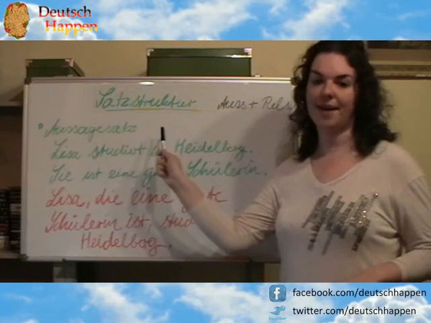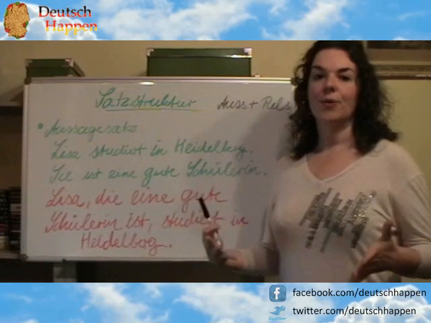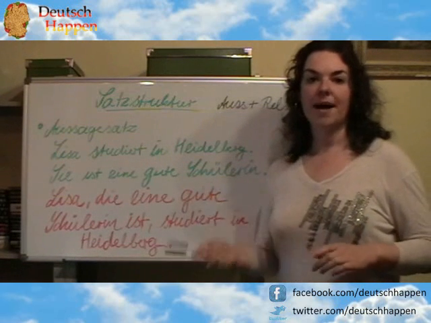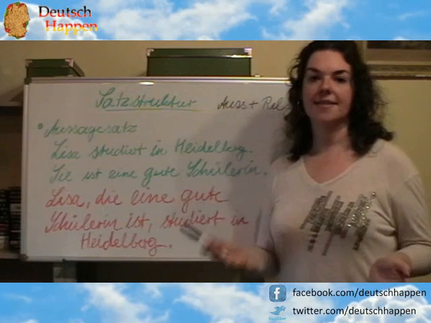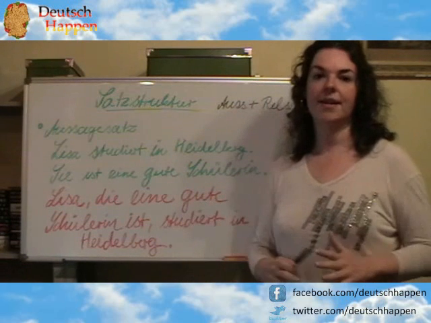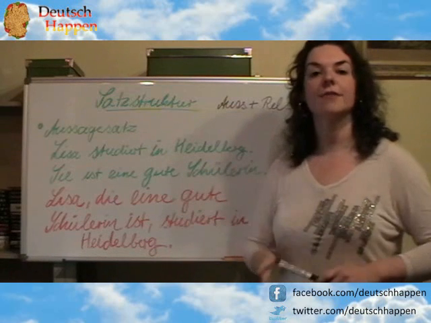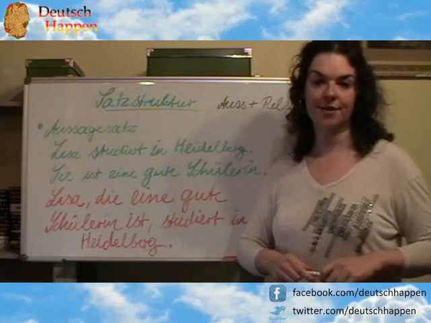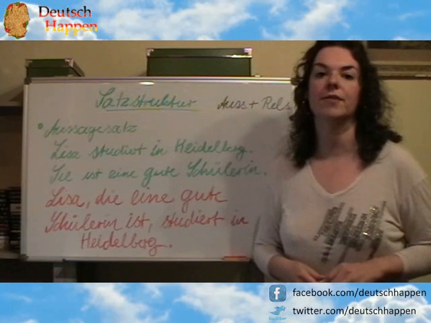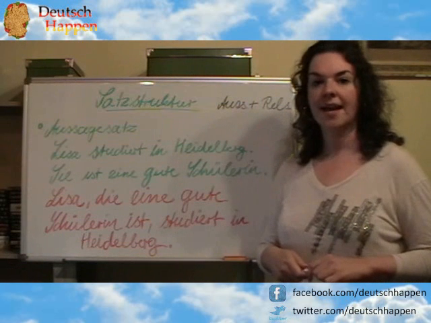Satzstruktur. So, we are going to make this part German, part English, as it's a grammar lesson, and I really want you to understand at least the introduction to German sentence structure, therefore a little bit of English as well.